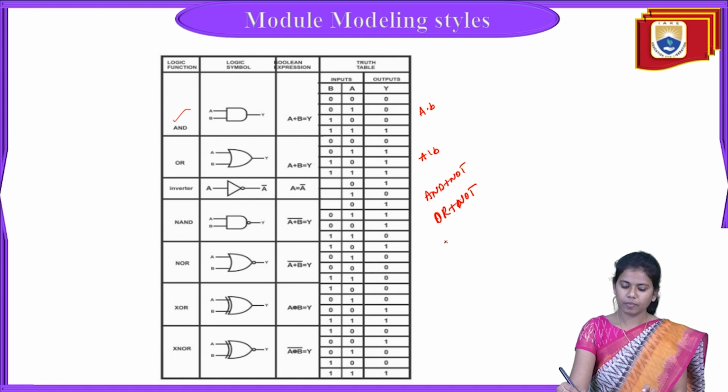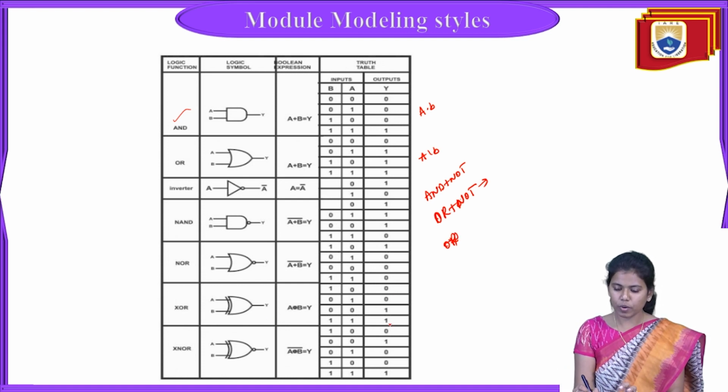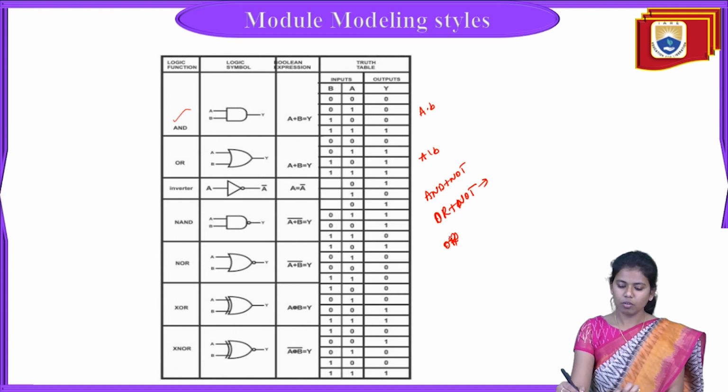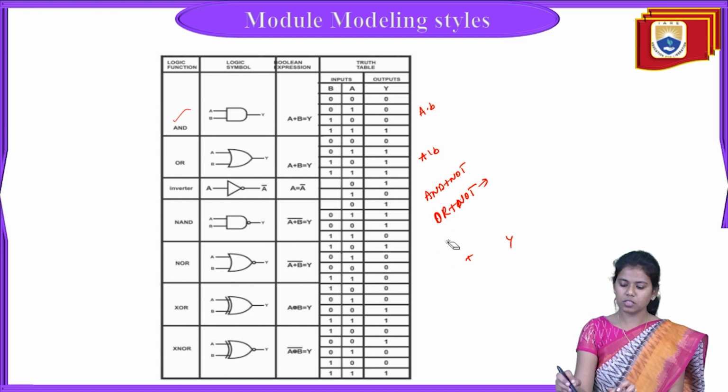The XOR gate output is 0, 1, 1, 0, whereas OR is 0, 1, 1, 1. So XNOR is A XOR B, NOT, which is equal to the NOT. When we give a NOT to this XOR gate, it becomes an XNOR gate, and these are the truth tables.